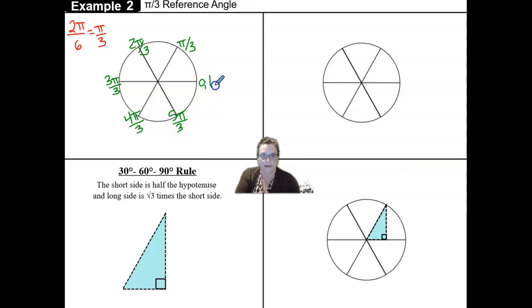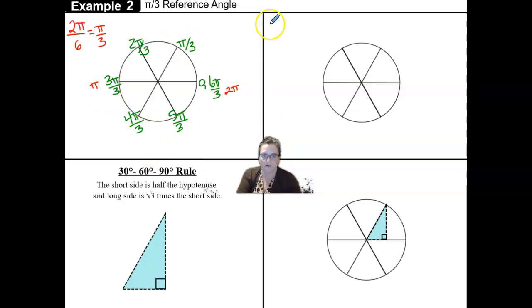And 6 pi over 3, which reduces to 2 pi, and that's one full revolution around the circle. So those are my pi over 3 angles in radians.